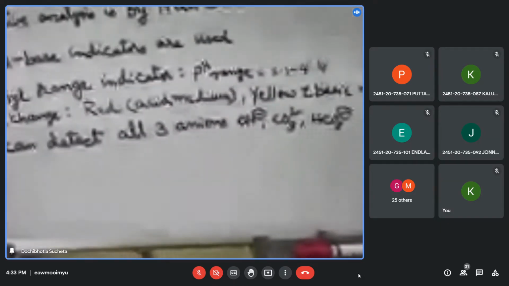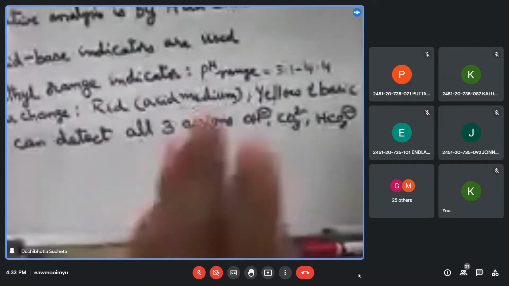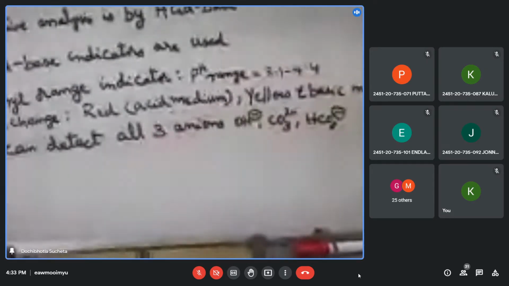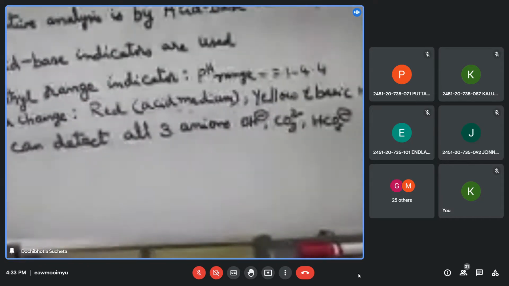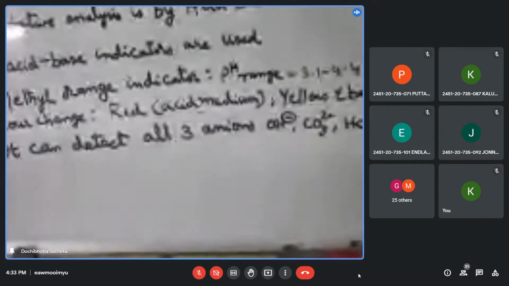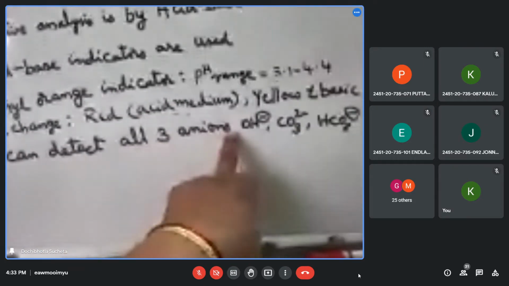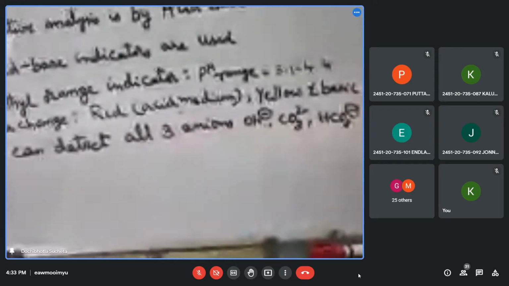Less than 3.1 it is red, and any pH above 4.4 it is yellow. Because of this pH range, this particular indicator can detect all three anions. What are those three anions? OH minus, carbonate, and bicarbonate.